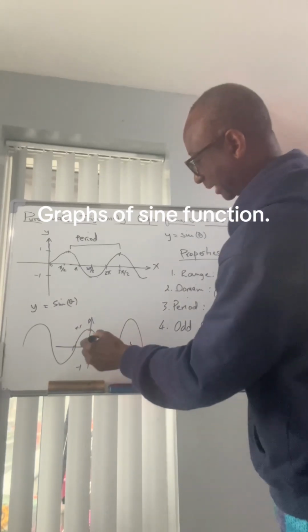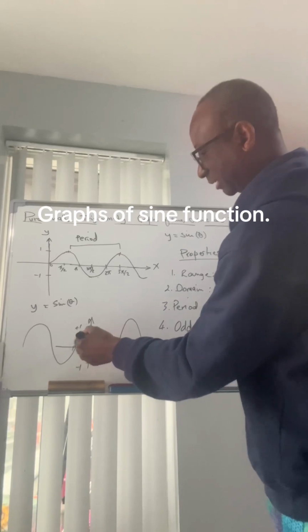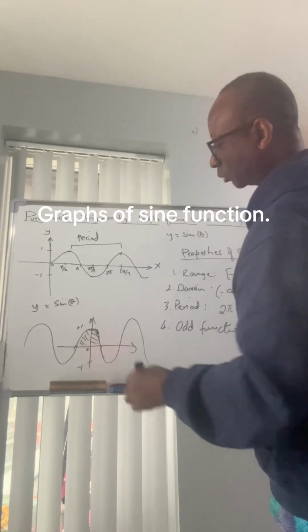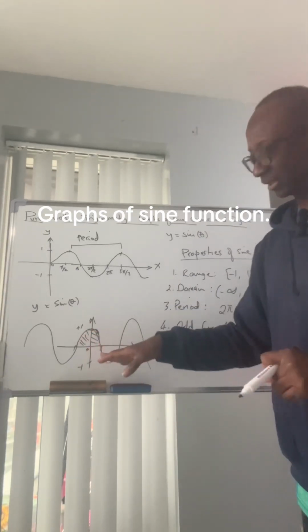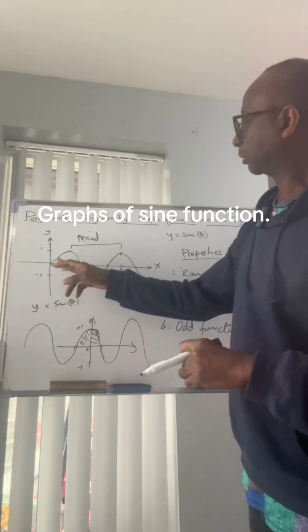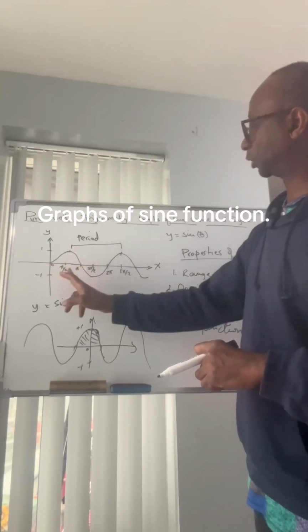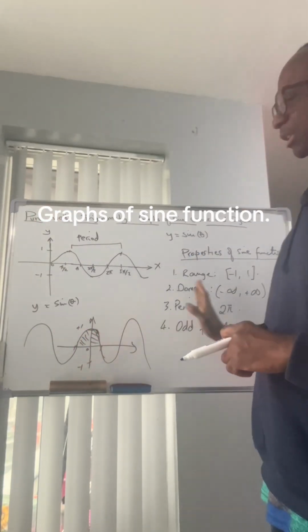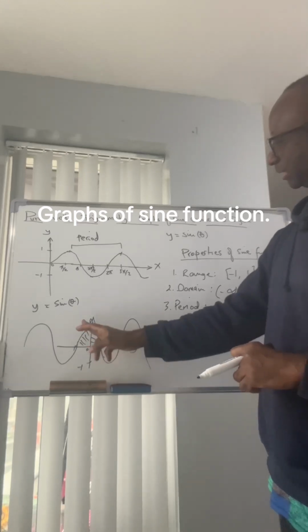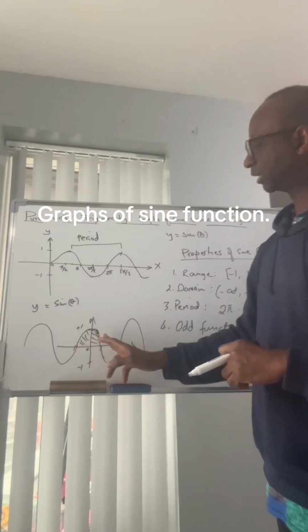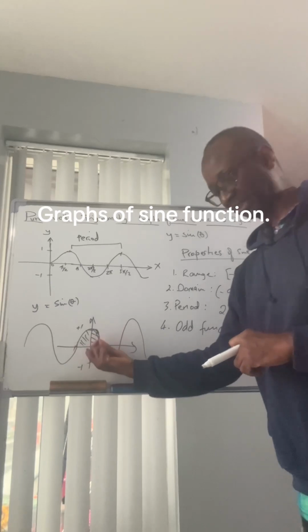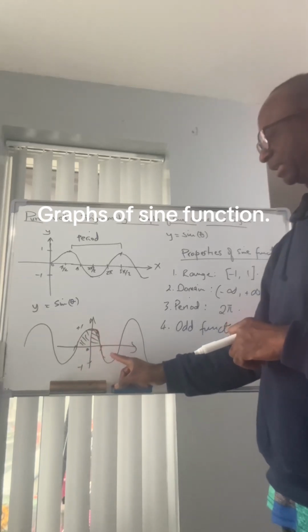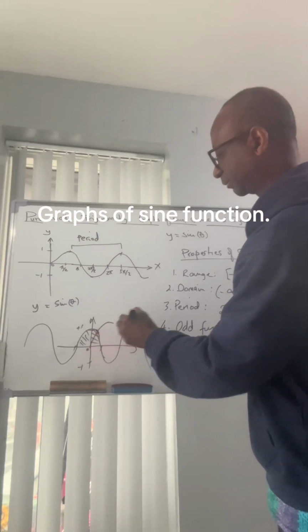This part here is a reflection of this part here. But the sine function starts from 0, so it's not symmetrical about the y-axis. Therefore, it's odd. A graph like this, symmetrical about the y-axis, is even. The cosine function is even because it behaves like this, while the sine function starts from here. So it's odd.